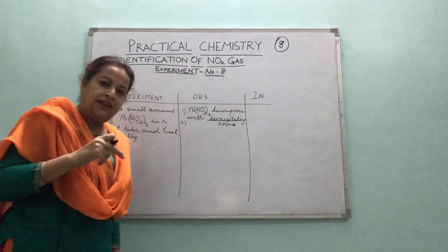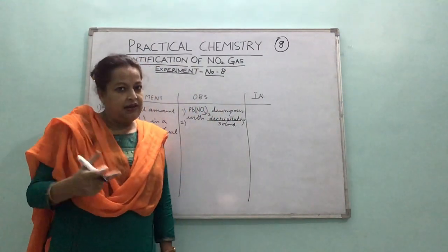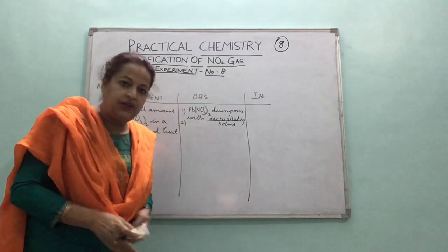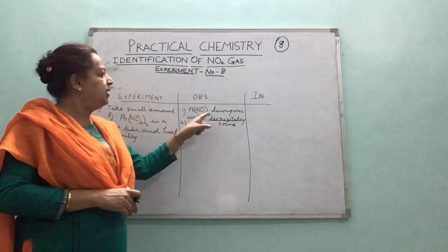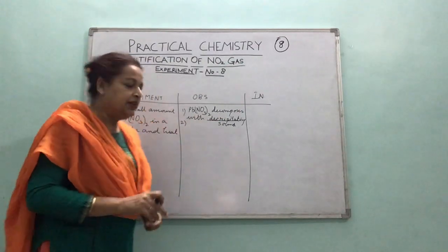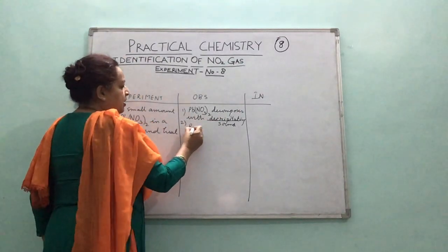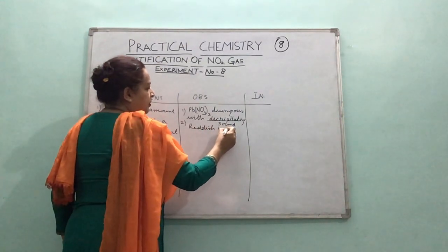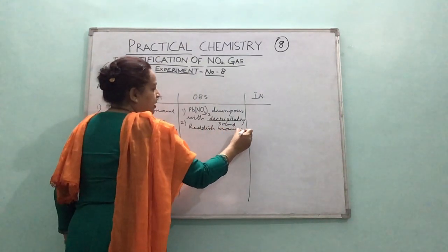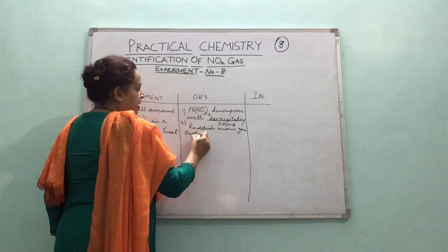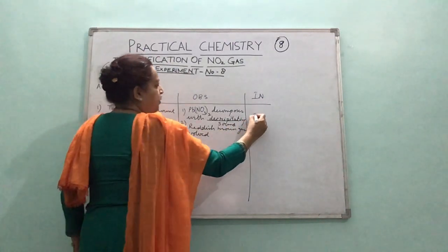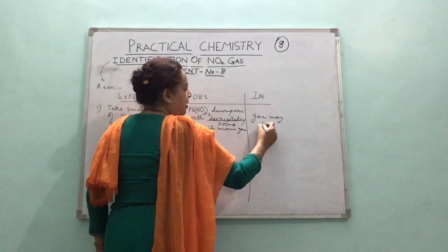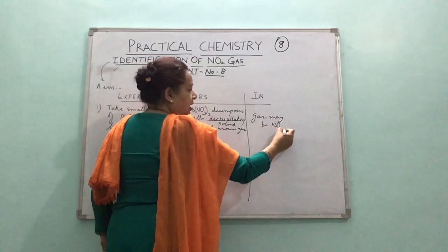Action of heat on lead nitrate is in detail in practical chemistry, so we are doing it here, and that time we need not repeat it. So lead nitrate decomposes with decrepitating sound. And the main observation: reddish brown gas evolved. Well, you know what your inference would be: gas may be NO2 because it is reddish brown.